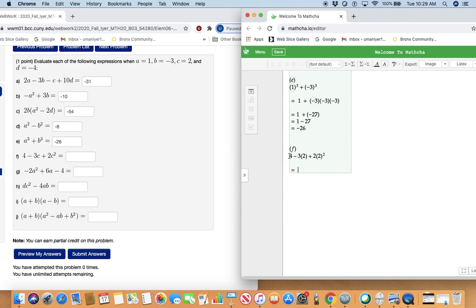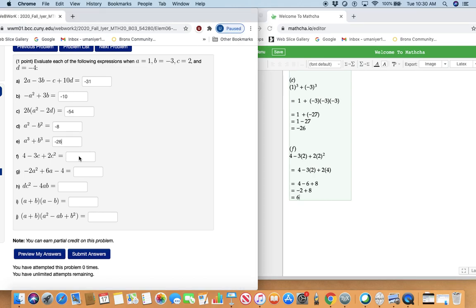Now in this expression, exponent has to take precedence, so I will leave everyone else as they are. Exponent: 2 power 2 is 4. At this point, multiplications have to take precedence over everybody else. So 4 minus 6 plus 8. Now it's addition and subtraction. Go from left to right. 4 minus 6 is negative 2, plus 8. Negative 2 plus 8 is a positive 6.